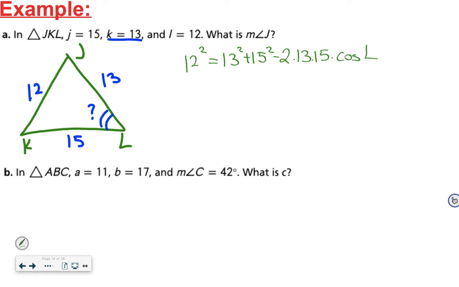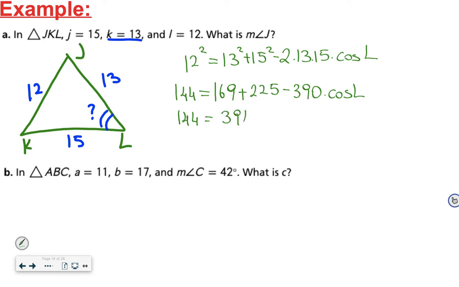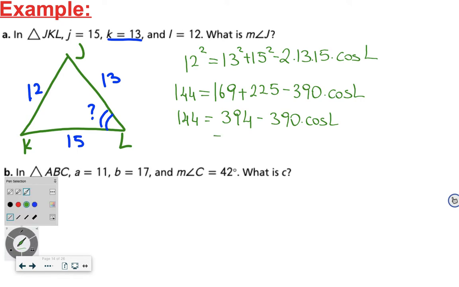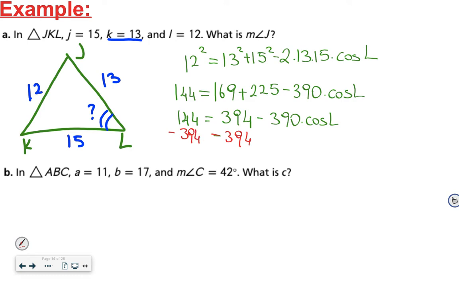If you calculate this, we know that 12 squared is 144, which will be equal to 13 squared, which is 169, plus 15 squared, which is 225, minus 2 times 13, which is 26, times 15, which is 390, times cosine L. If you calculate this, 169 plus 225 will be equal to 394 minus 390 times cosine L. After that, you subtract 394 from both sides, because I need to make cosine L alone.